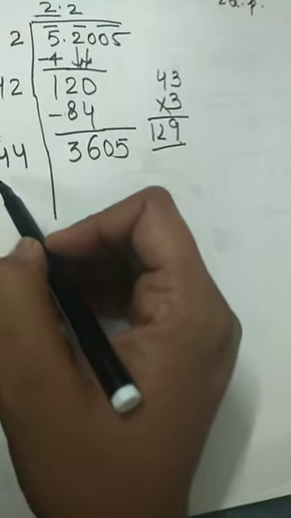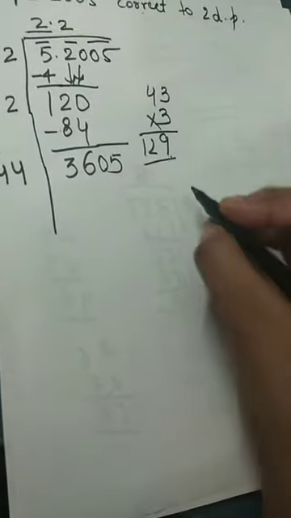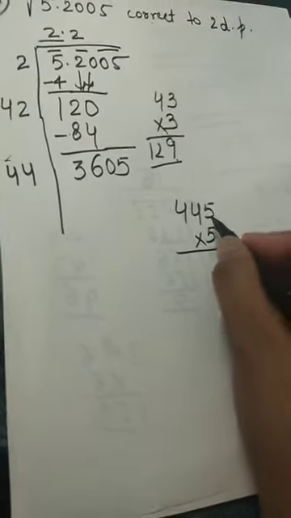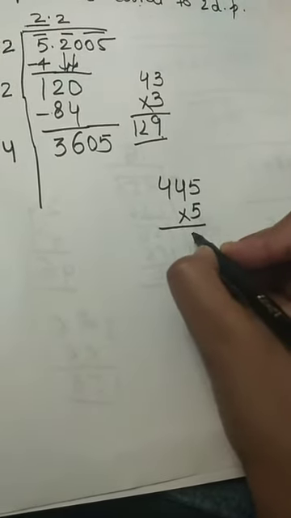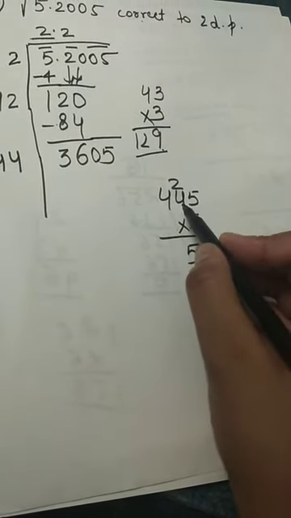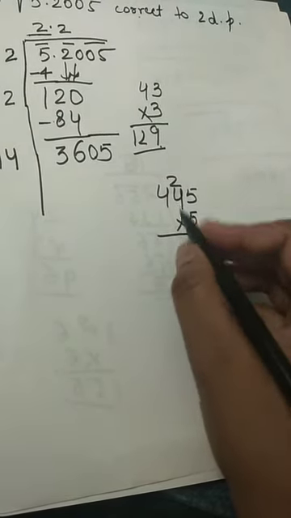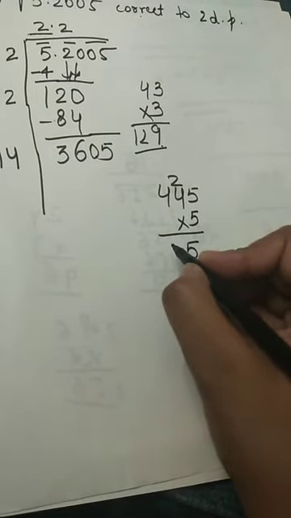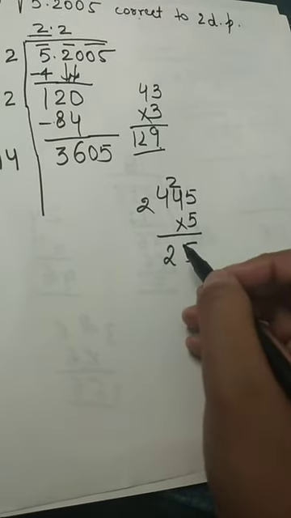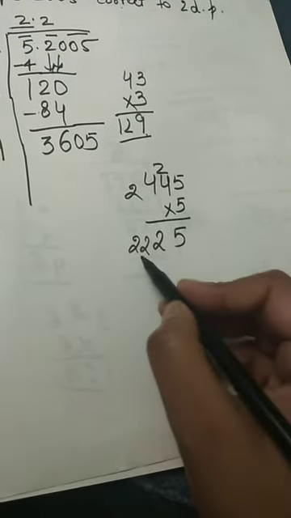Now again we have to think of a number which divides this. So we can take 5. 5 5s are 25, 5 4s are 20, and this will be 22. 5 4s are 20 and 2 is 22, which is coming as this.